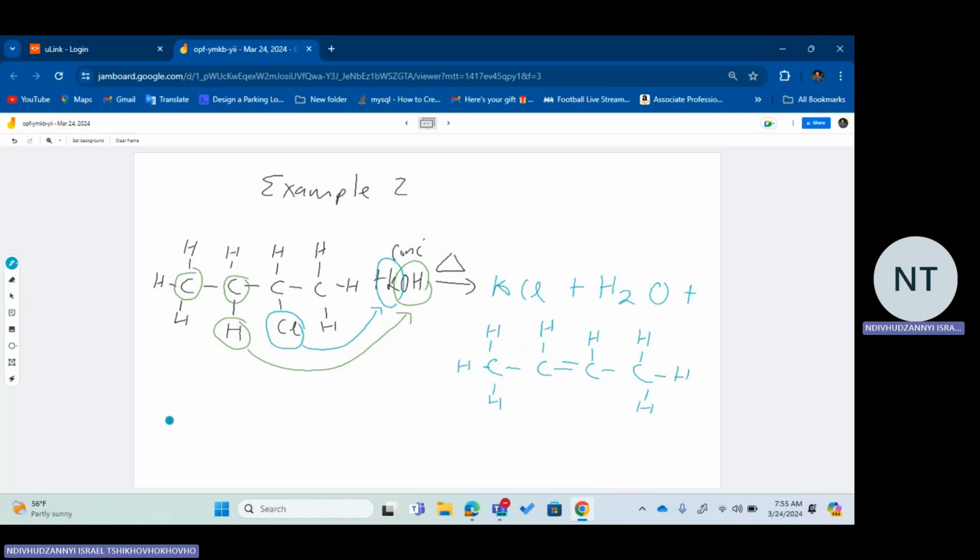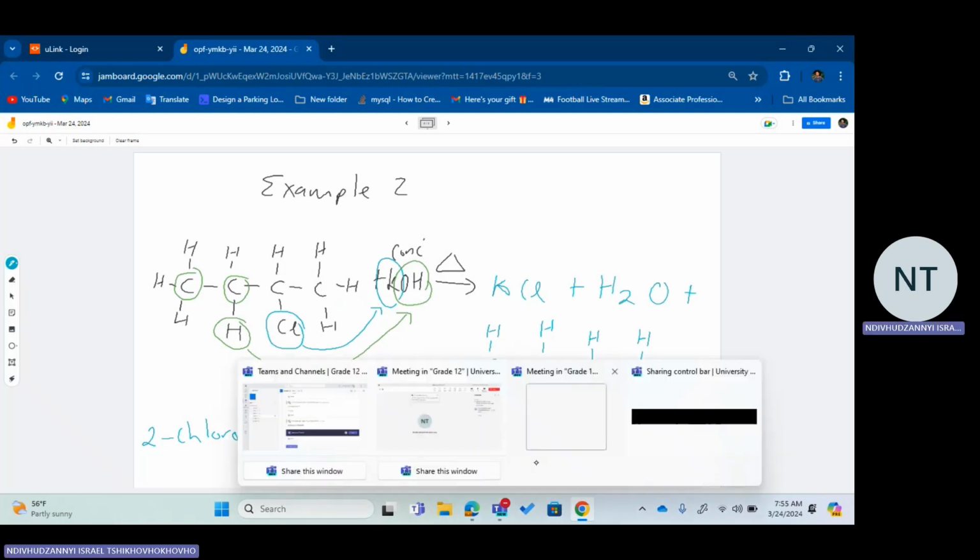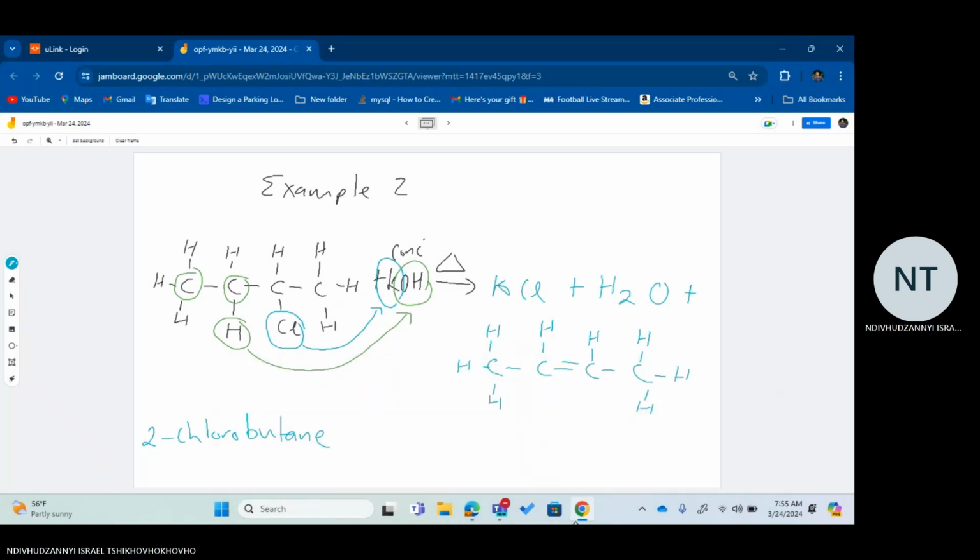So we have 2-fluorobutane, with 4 carbons, then we're forming but-2-ene. So it's from a saturated compound to an unsaturated compound.